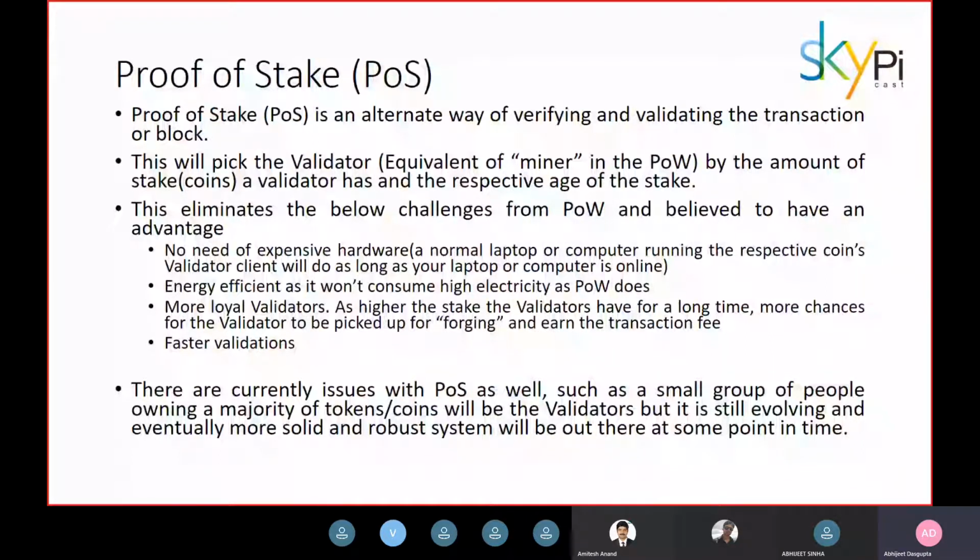But this process is still evolving, and eventually more solid and robust systems will be out there at some point of time, which will probably make this proof of stake consensus algorithm more acceptable, and address the expensive hardware costs and energy efficiency, which are the major criticism points of proof of work. So this is something that may happen in future, but currently proof of work is still the way to go.